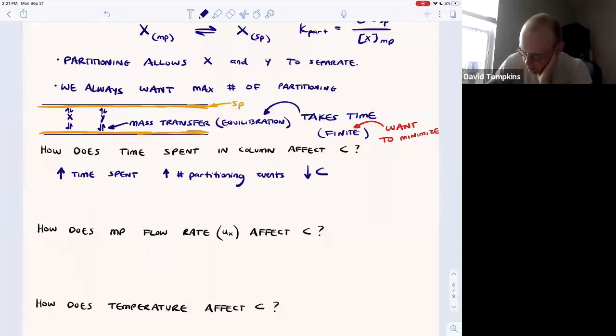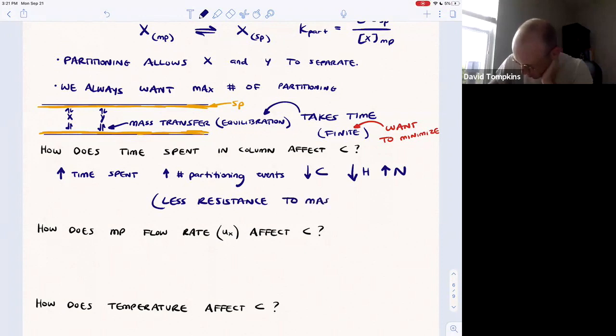So you decrease the C term, which will decrease the plate height and increase the number of plates. Less resistance to mass transfer, if given more time to do so.